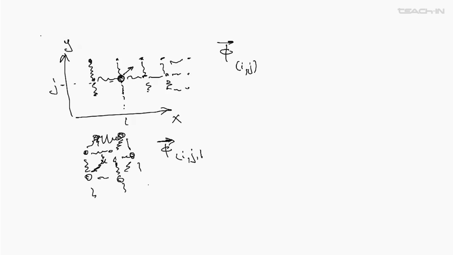Now, doing absolutely the same derivation as we have done for the case of the 1-dimensional displacement field, in the end we will end up with the following differential equation, which describes the evolution of this 3-dimensional vector. Namely, any component of this vector will undergo the following dynamics. So phi double dot means the second time derivative.